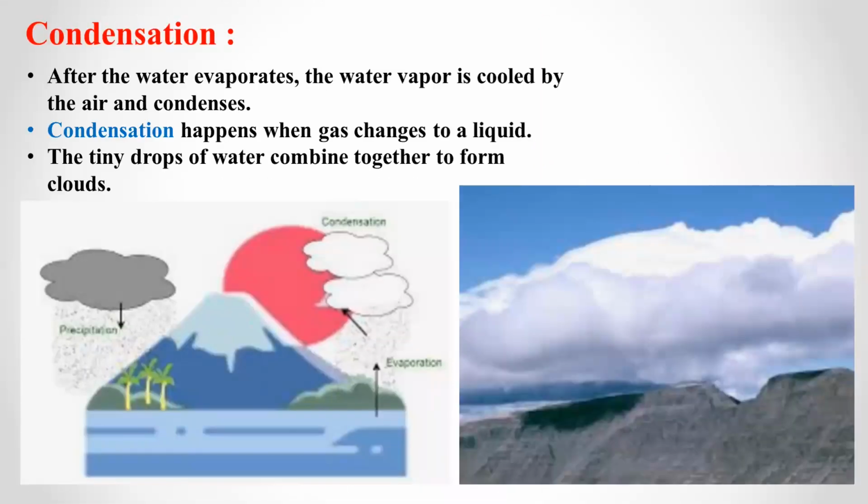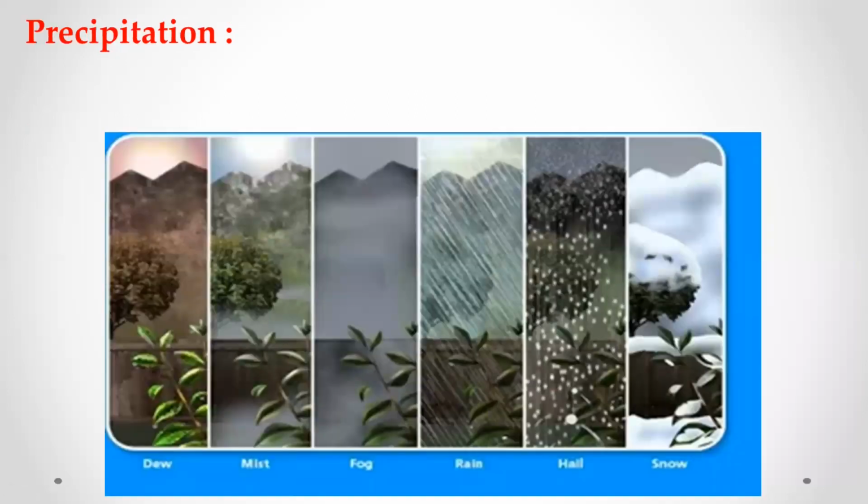After the water evaporates, the water vapor is cooled by the air and condenses. Condensation happens when gas changes to a liquid. The tiny drops of water combine together to form clouds. Then precipitation happens.